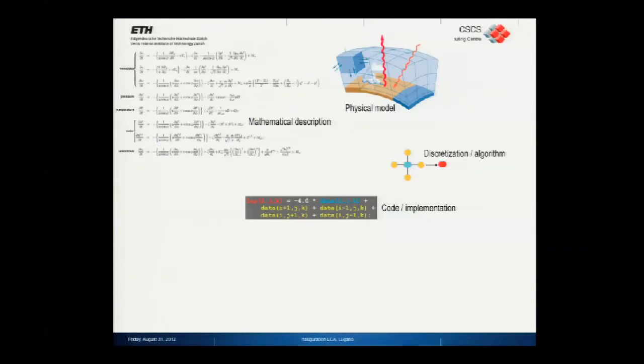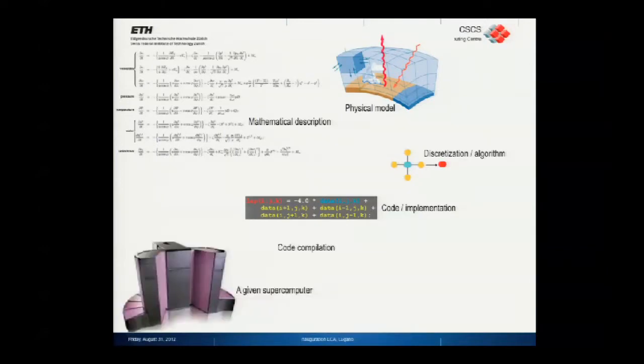And then this code needs to be translated onto some machine. This is an automated process called compilation into a machine-readable language. Okay? Now, this is the textbook example that we would teach our students of how things ought to work in scientific computing.